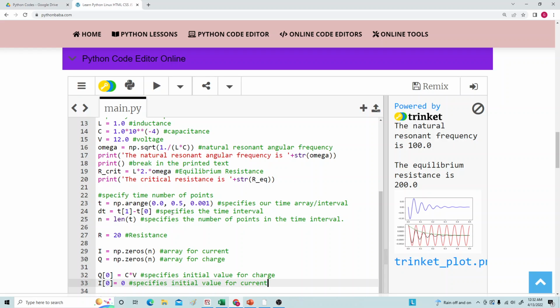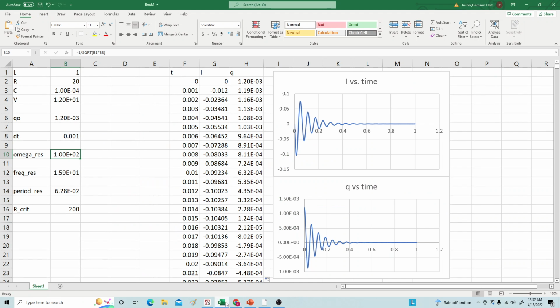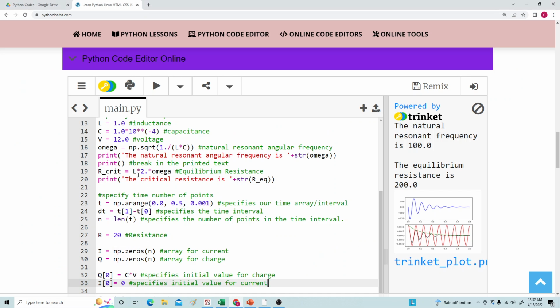Okay, now let me come back to Excel for just a moment, and I'll talk about the code for T, DT, and N right here. Now, I arbitrarily set what dt was, and then I built my t array off of that. What Python is doing with this arange code is saying, okay, I know the numbers that I want to go between, 0 and 0.5 seconds, and I want to do so in this interval.